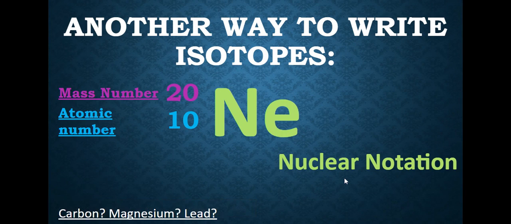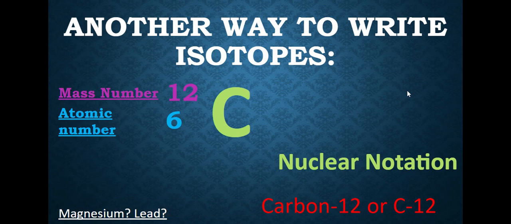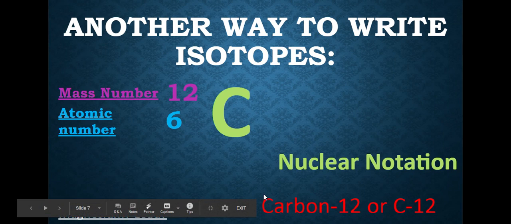Okay, great. So now that we've had some time to practice writing these three elements out in both nuclear and isotopic notation, let's take a look at what that should look like. For carbon, you should have gotten an atomic number of 6 and a mass number of 12. This is what this should look like in nuclear notation. And here you have isotopic notation written as either carbon-12 or C-12.